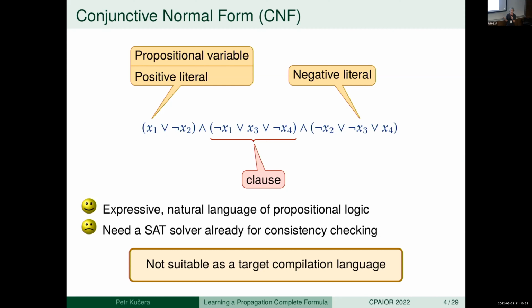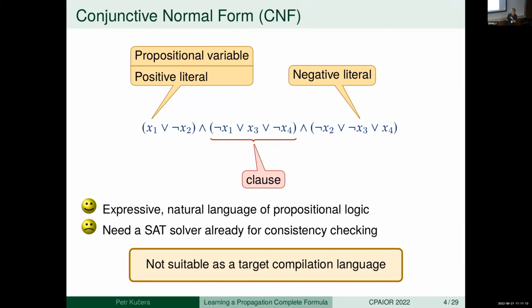It's kind of natural. If you want to encode something into propositional logic, then actually anything can be translated into a conjunctive normal form by using standard tools. But the disadvantage is that even to check consistency of such a formula is a hard problem.